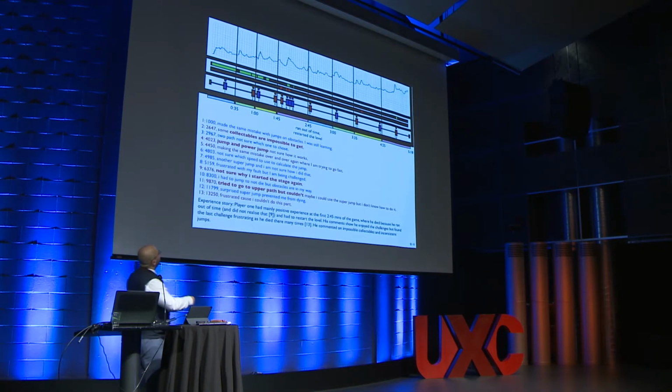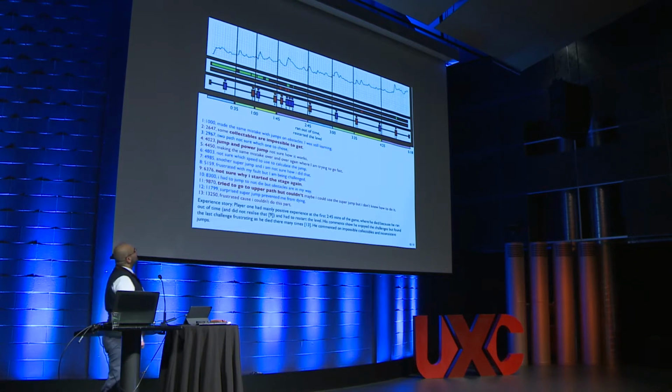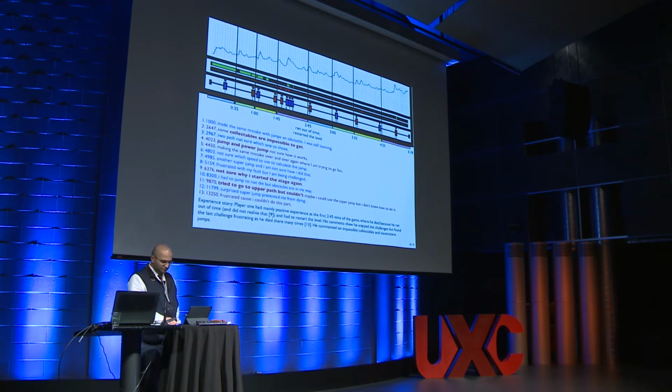What we can see here on the top is the GSR data, the green and red line. In the middle are the activations of EMG signals, and the red and blue dots are where the players made comments, and they all overlap each other at that level.